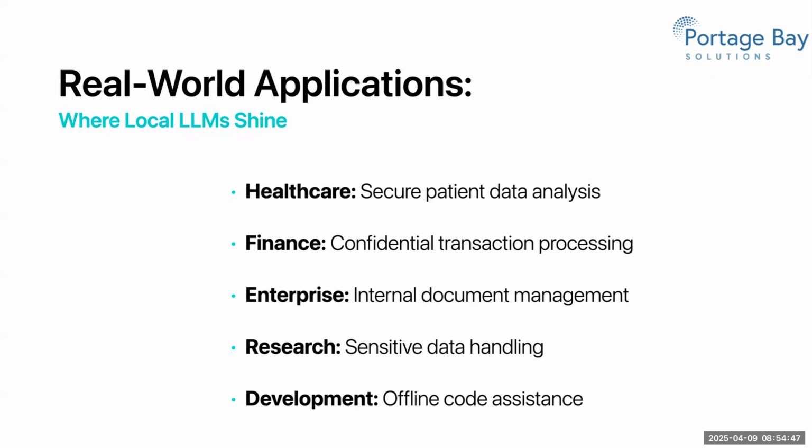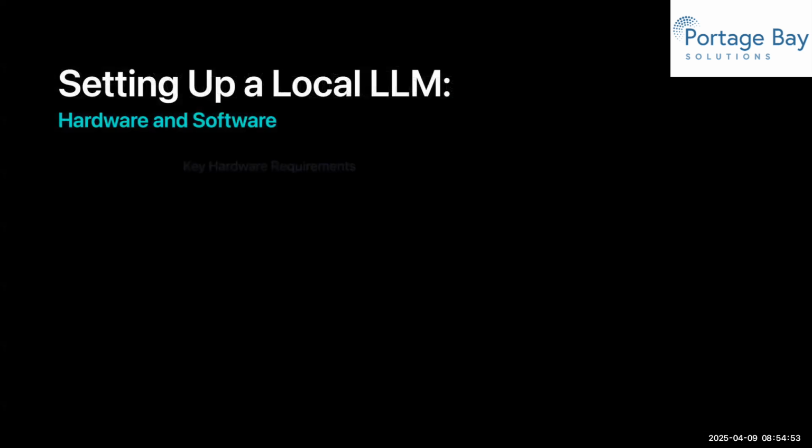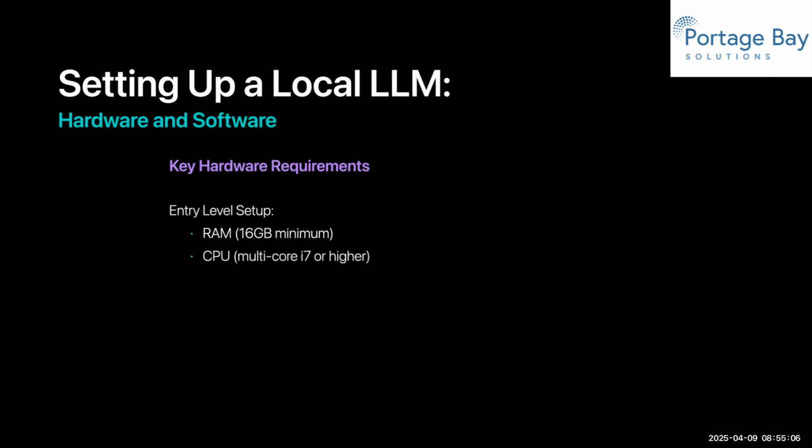Now that we've seen the why and the what of local LLMs, let's get practical. How do you actually set one up? Let's talk about the hardware. For entry level, you're going to want about 16 gigabytes of RAM to start. You need a good multi-core CPU, and you need a fast SSD. For more advanced solutions, the bare minimum is going to be 32 gigabytes of RAM and a powerful NVIDIA GPU.